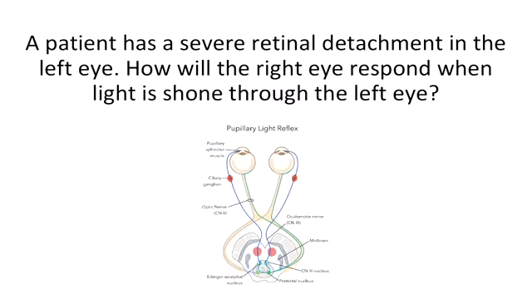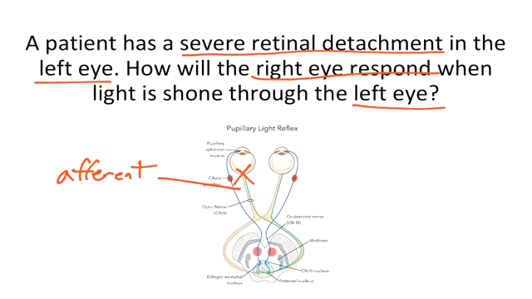Okay, so a patient has severe retinal detachment of the left eye. How will the right eye respond when light is shone through the left eye? Okay, so looking at this image, the patient has retinal detachment of the left eye. So we are thinking there is damage to the afferent part of the pupillary light reflex through that eye. And afferent is simply referring to the optic nerve, because the optic nerve is what carries the signal to the midbrain.